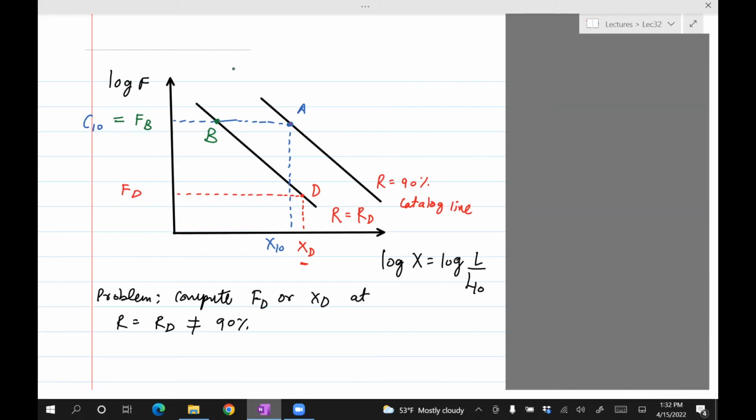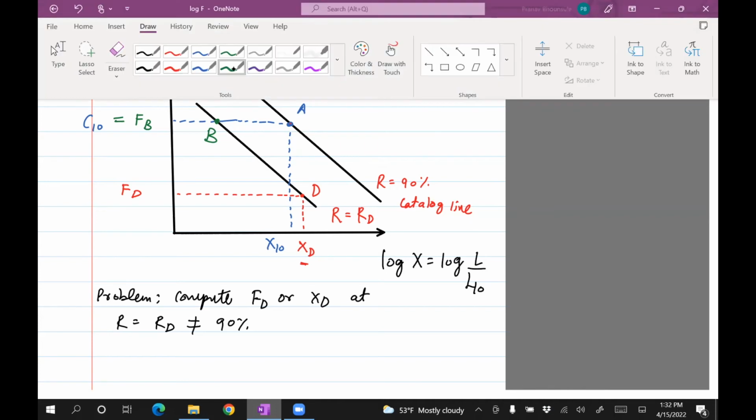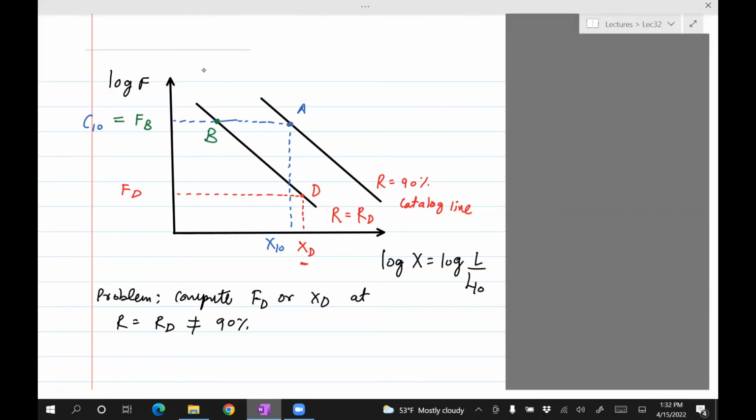So what we are doing now is we know C10, we know X10. We now use the Weibull distribution in order to find what this point B is.